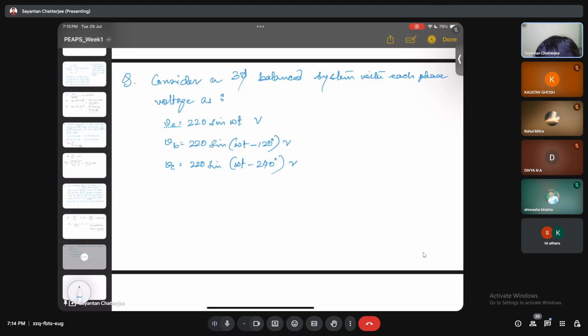Okay, and the currents are also given. Directly write here voltage and currents.